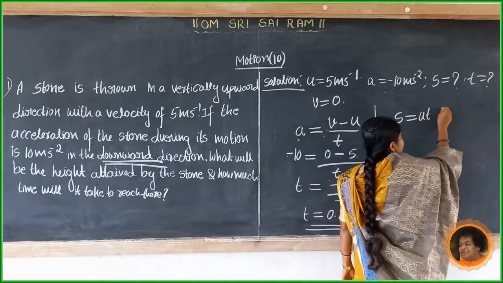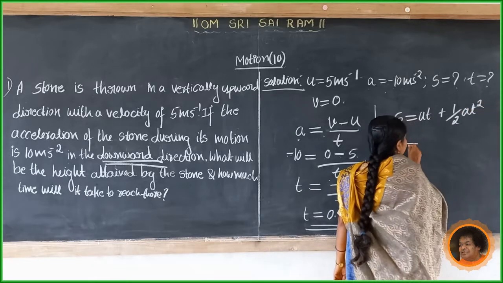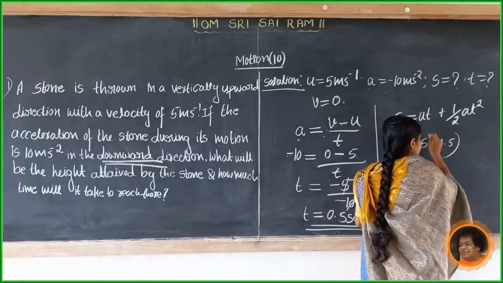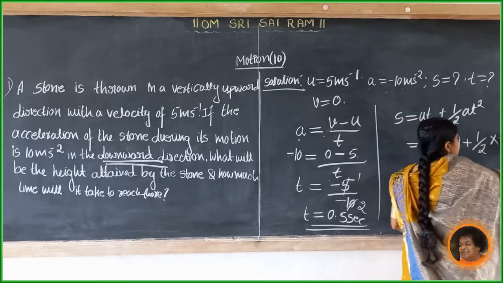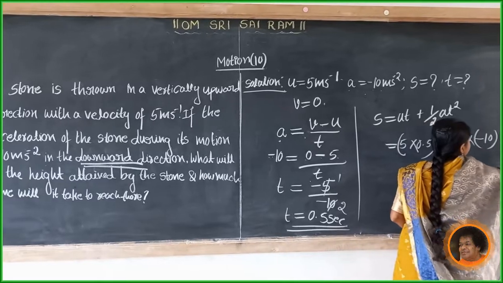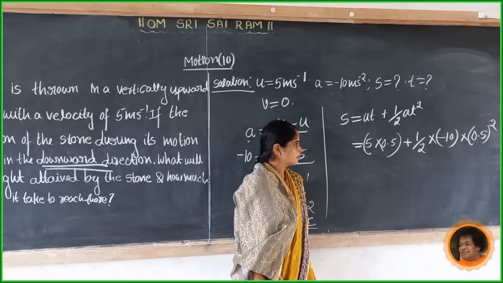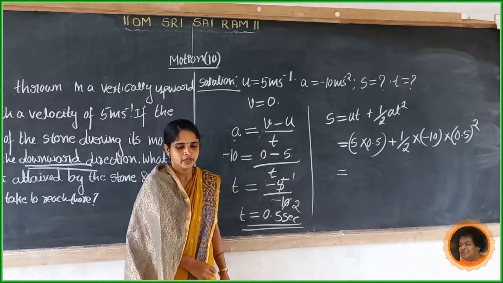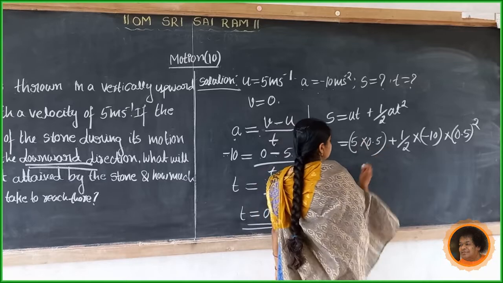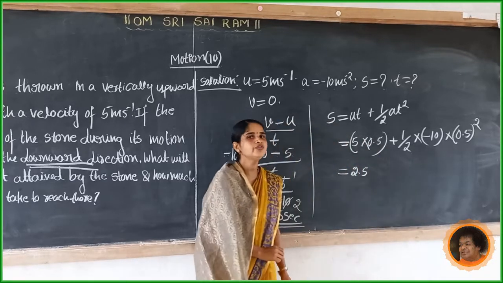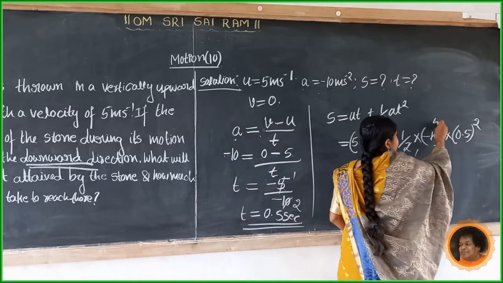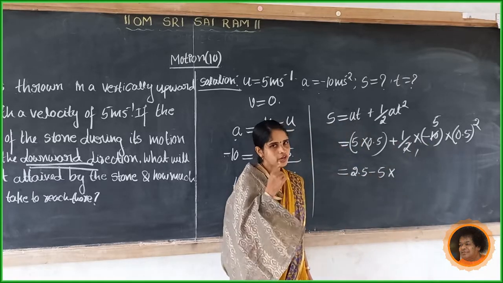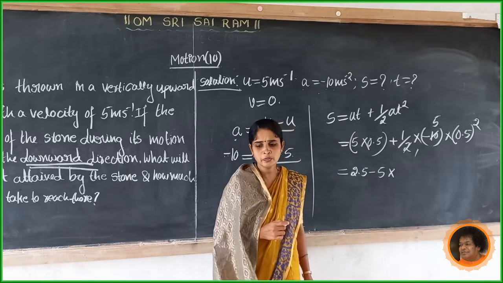S equals ut plus half at squared, equals u value 5 into t 0.5, plus half into a, minus 10, into t squared, 0.5 whole squared. Equals 5 into 0.5, its value 2.5. Then minus 5 into 0.5 into 0.5, value 0.25.